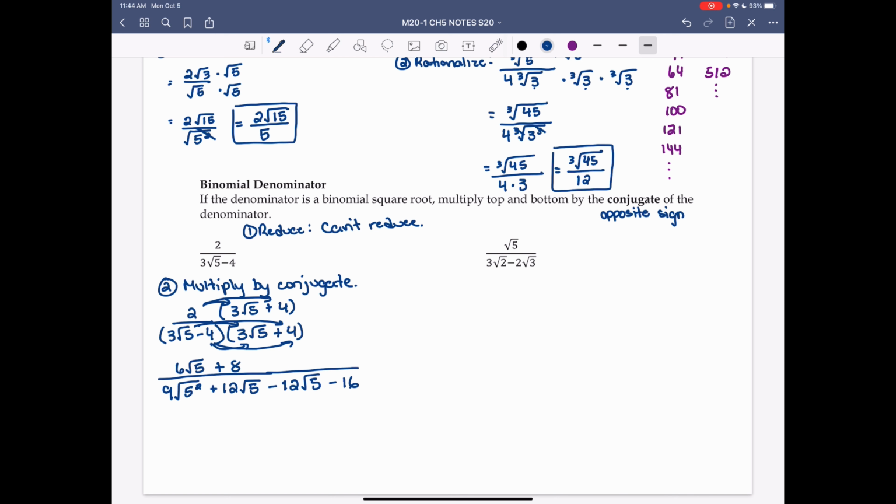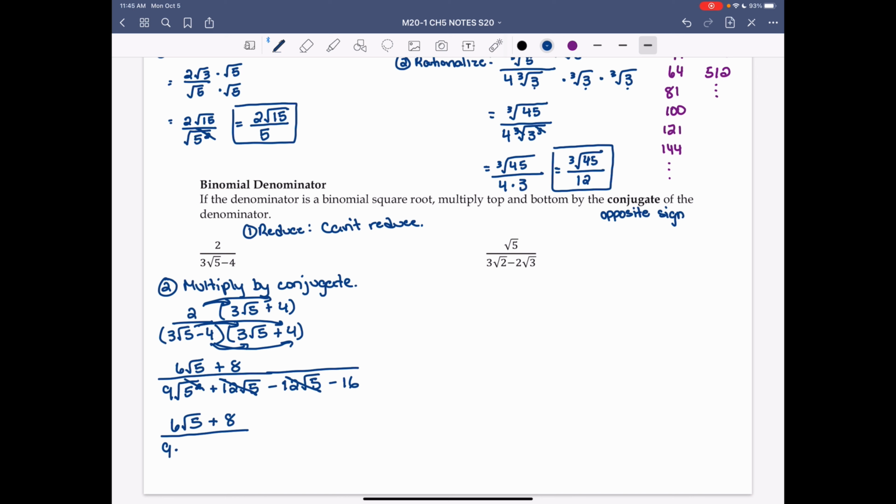So what we're always going to get when we multiply a binomial by its conjugate, the middle two terms are going to add to 0. And then the other two terms are going to be perfect squares because they are the square of the first term and the square of the last term. So we can get rid of our square root. We have 6 square root 5 plus 8 over 9 times the square root of 5 squared.